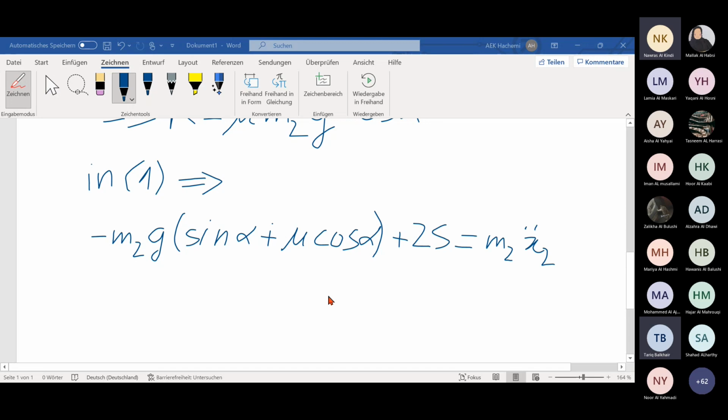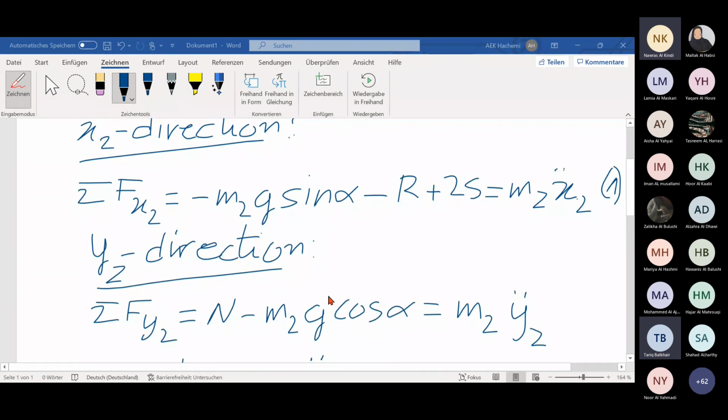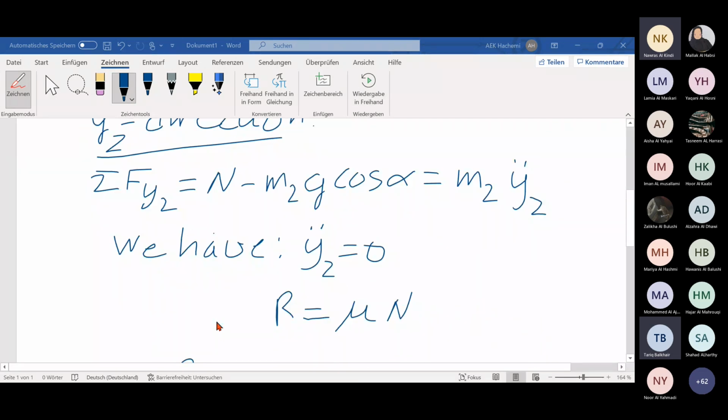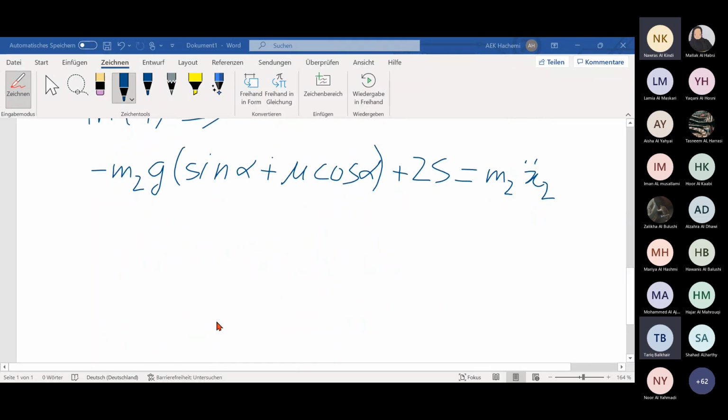Now we take the application of Newton's law in x2 direction, in y2 direction, and now we look in x1 direction. In y1 there is no motion, but there is also no forces in y1 direction.